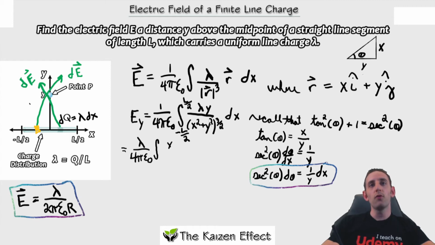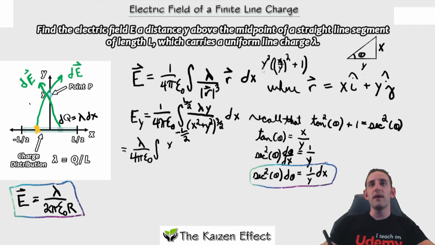And we're going to want to pull this y squared out. So if we take y squared times (x over y) squared plus 1, well, this is basically the same thing.